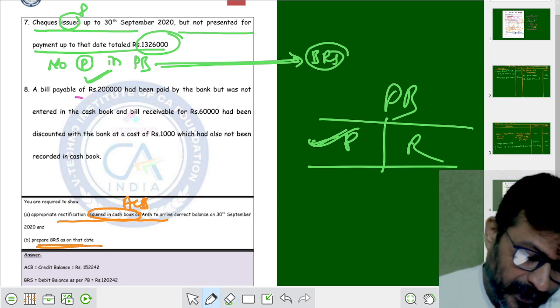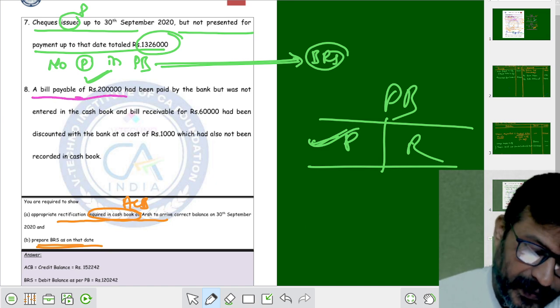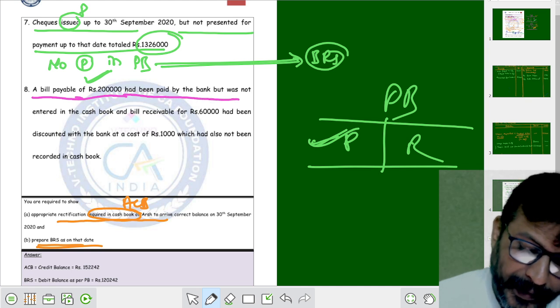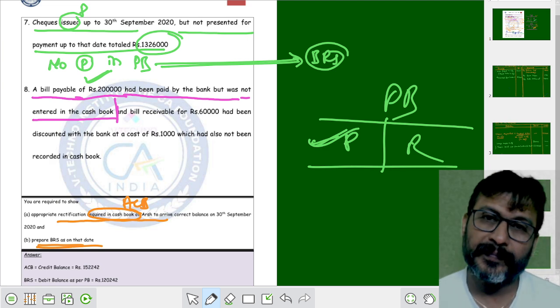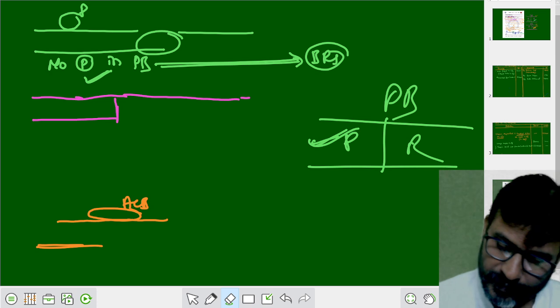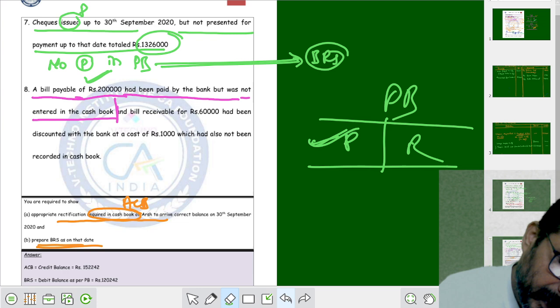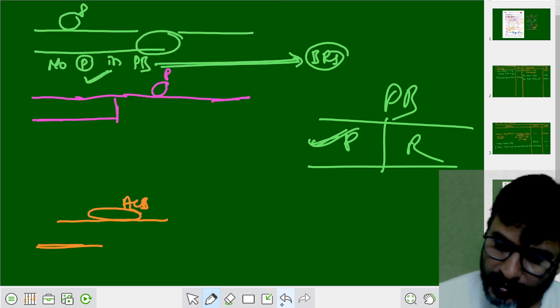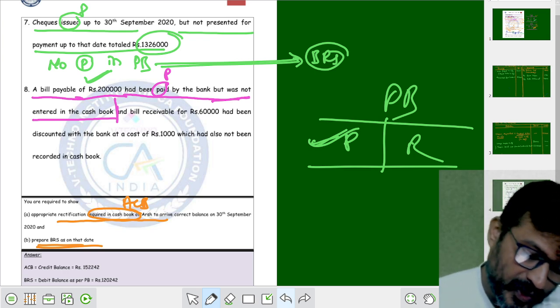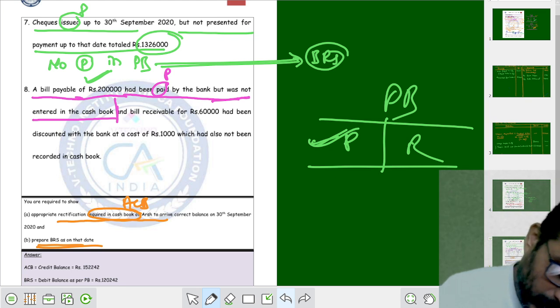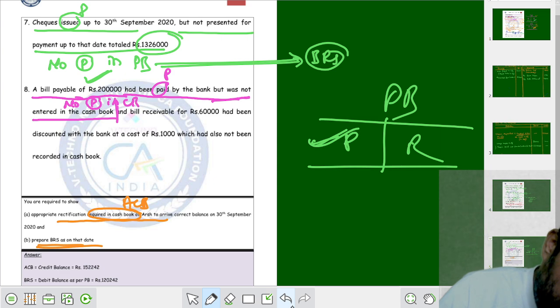Bills payable, what is it? Bills payable of 2 lakh had been paid by the bank, but was not entered in the cash book. You stop here only. Bills payable paid by the bank means it is nothing but a payment not entered in the cash book. What do you mean by not entered in the cash book? We can say there is no payment in the cash book.